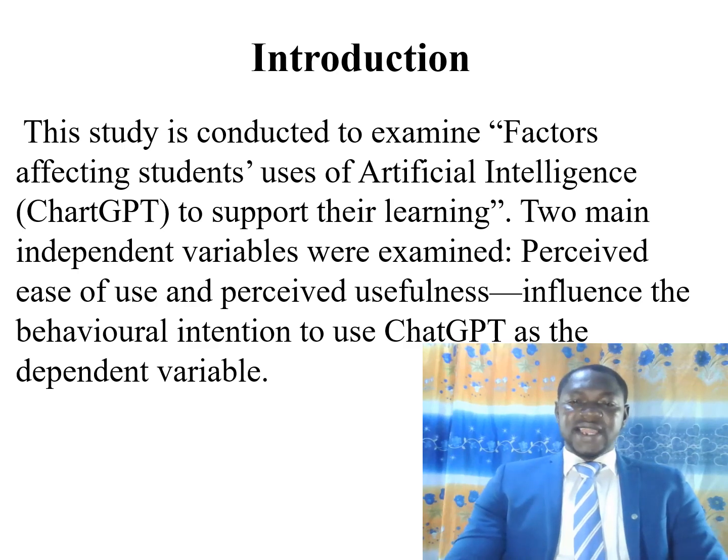In my study, I looked at two main independent variables, that is, perceived ease of use and perceived usefulness of the AI, and how that influenced their behavioral intention to use ChatGPT as the dependent variable.